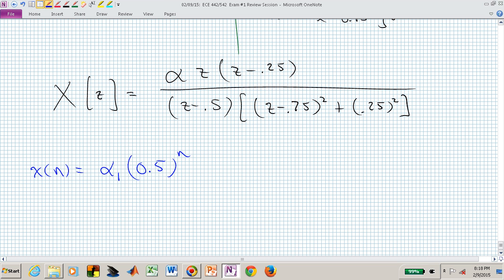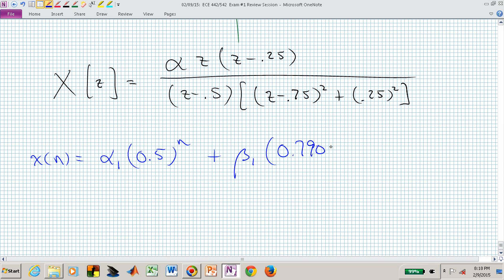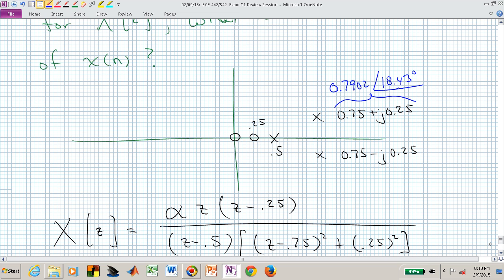But it's decaying based on its radius or distance away from the origin, which I said was 0.7902. But what happens if you, so now think of this as a complex number. It's 0.79 at an angle. You square that. What happens to the magnitude?